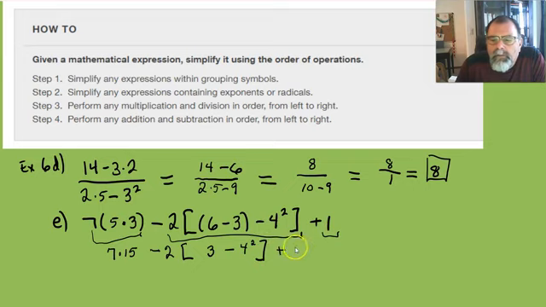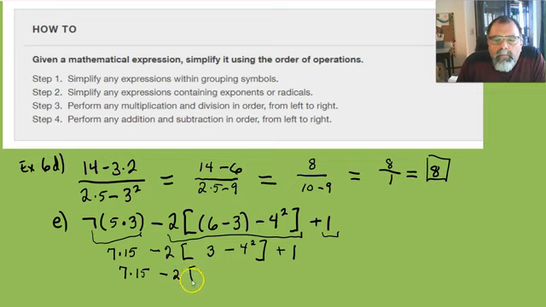And this one, there's nothing to do, so just write it down. Now we're still working grouping symbols. So in here, I did the grouping symbol. Now I'm going to do exponents. So I've got to do 4 squared first. Again, if you want, you can go ahead and do 7 times 15 and make that one number. But we'll come back to that.